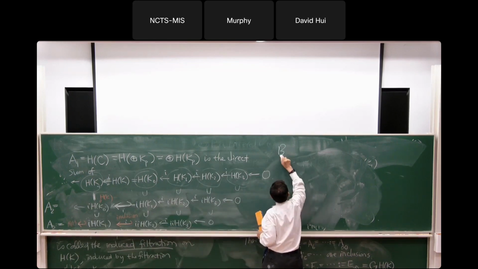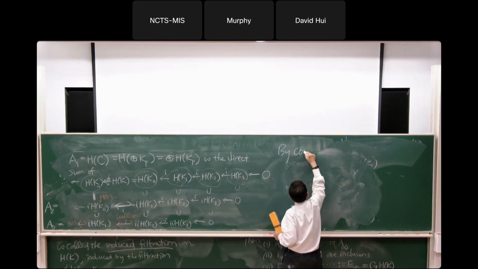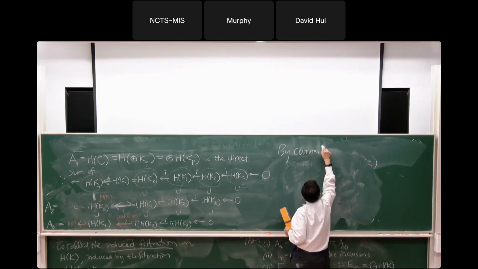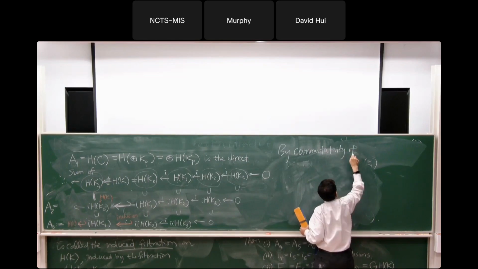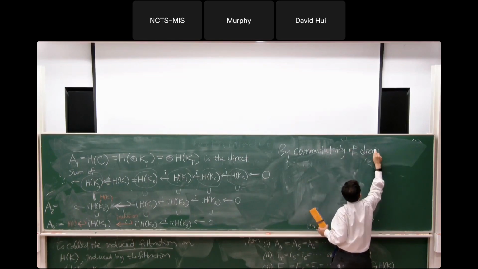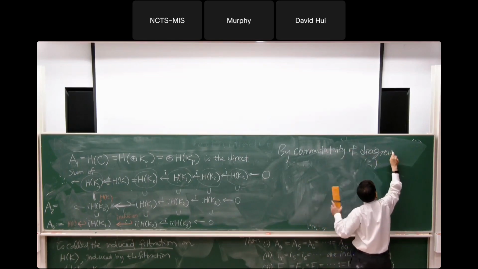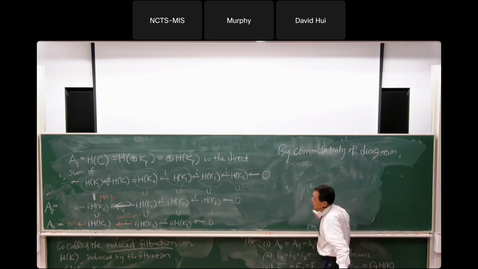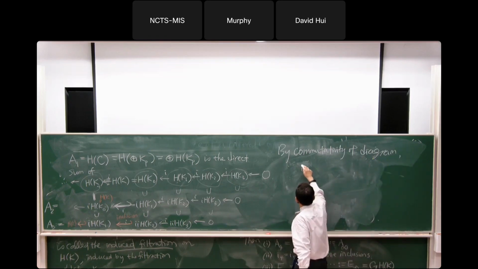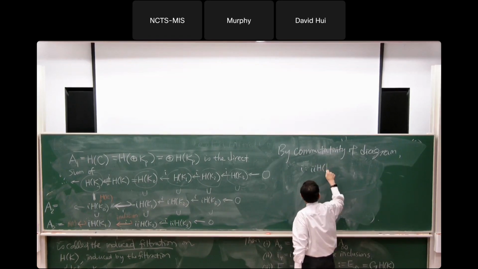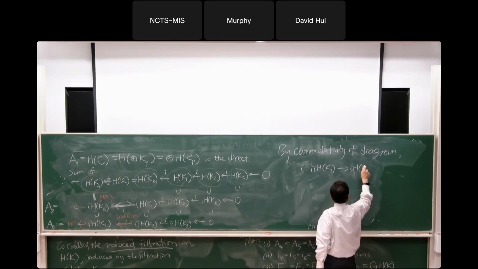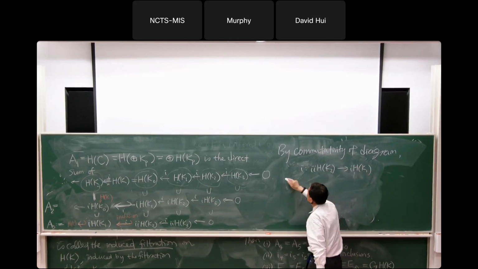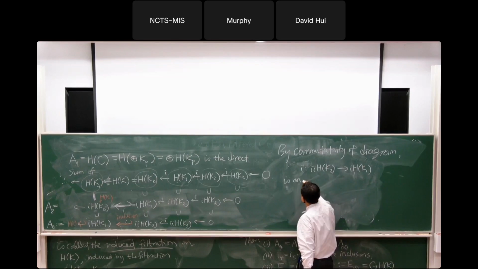So by the commutativity of the diagram, the map I from IHK2 to IHK1 is an inclusion.